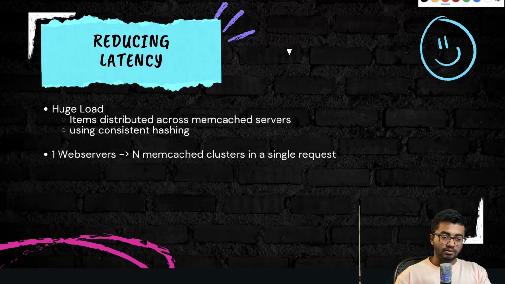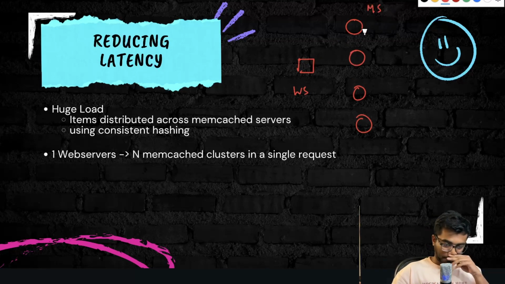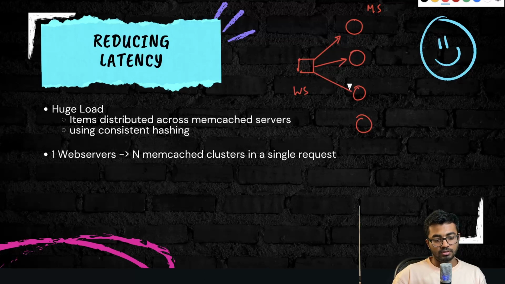So if you think about this, we have divided it like this. We have a web server here, and we have multiple Memcached servers. The round ones represent Memcached servers, and the square box represents a web server. I will name this Memcached servers. For each of the requests, as the keys are distributed now, this is reaching this, this is reaching this, and this is reaching this.